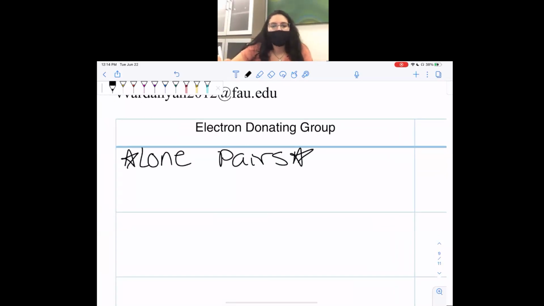That's a big one. And so lone pairs are going to increase electron density and donate negative charge.